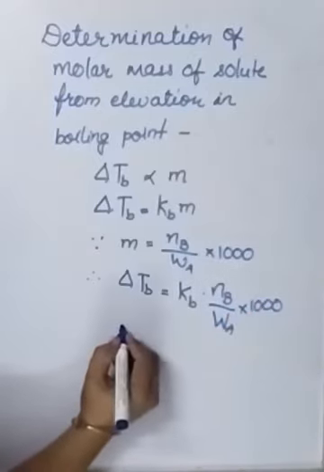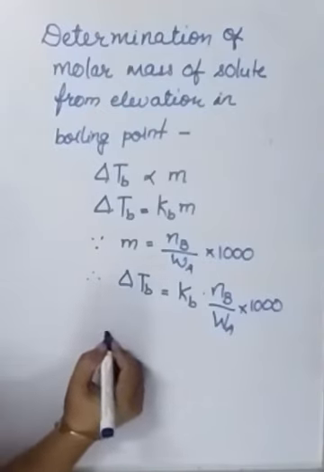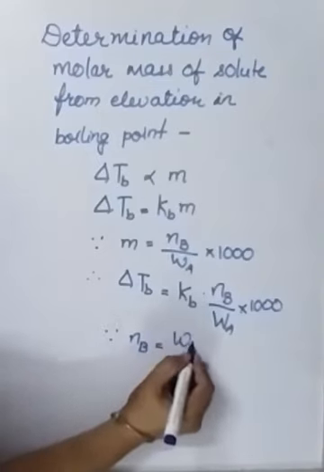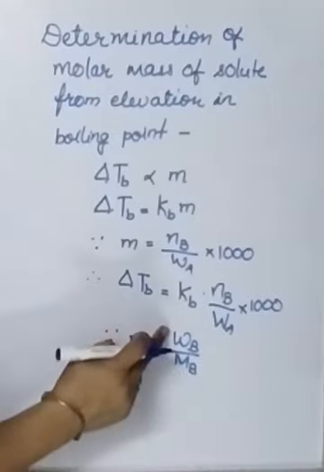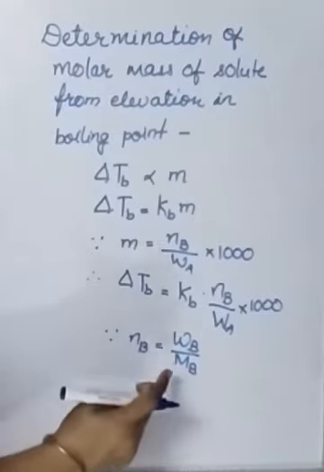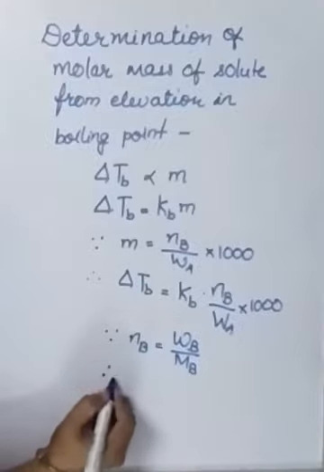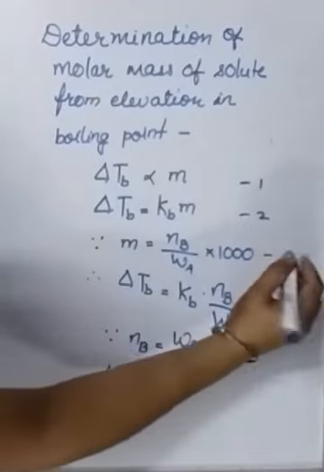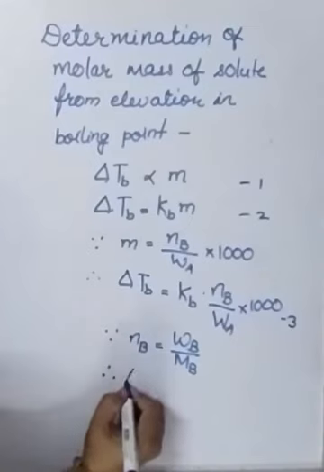Now from here, since Nb equals Wb upon Mb, the number of moles is always equal to given mass upon molar mass, we'll put this value in the above expression. Let us number these equations 1, 2, 3, and this one will be 4.